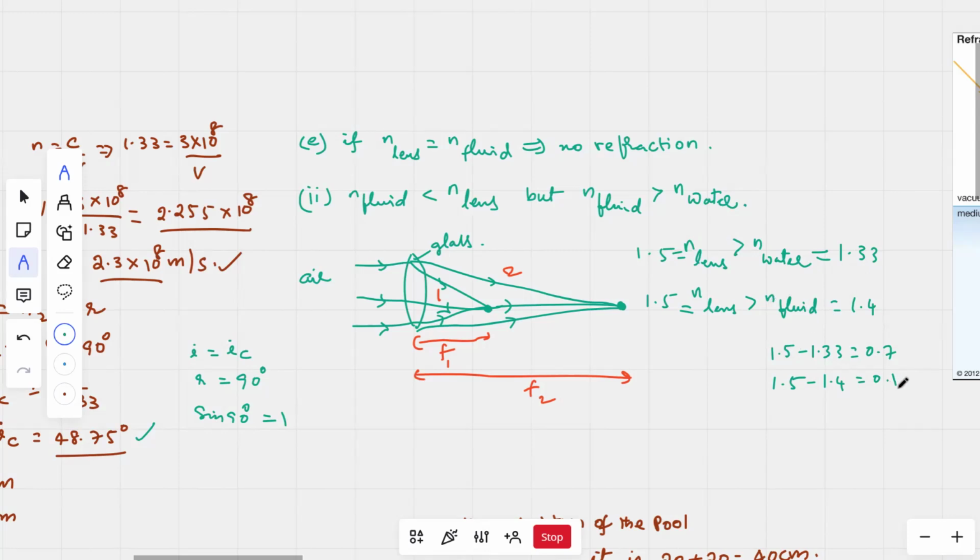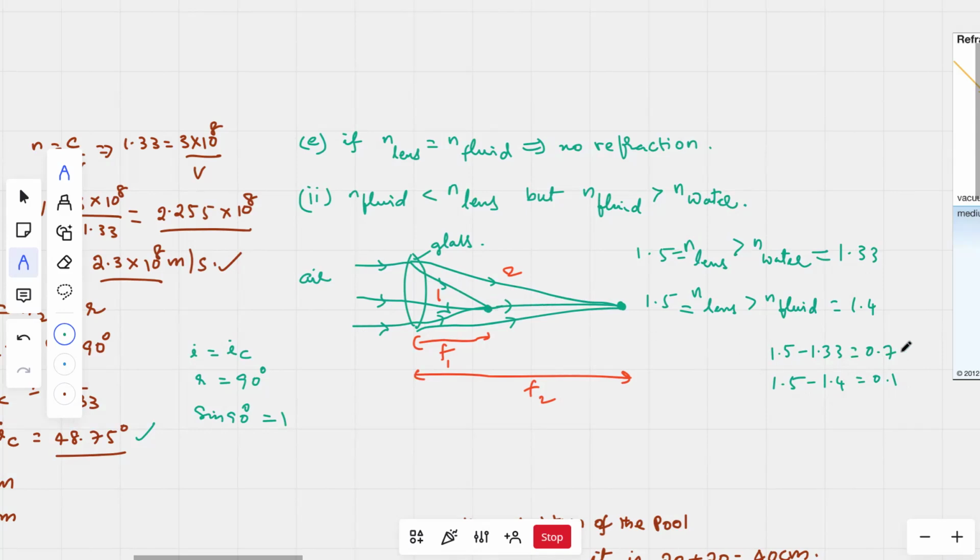So lesser the difference, the bending will be less. That means the light ray will not bend that much here. So see here, this is the first case and this is the second case. When the light passes through the lens, the refractive indices are different.